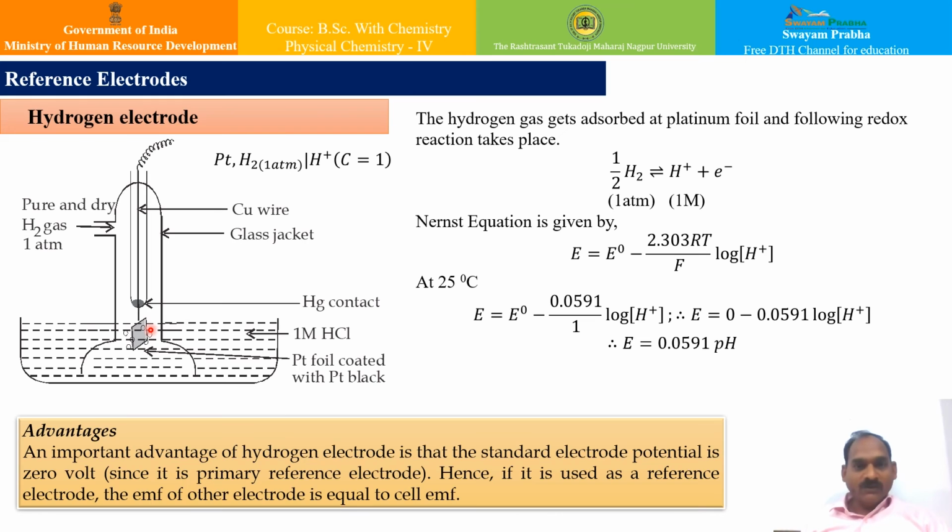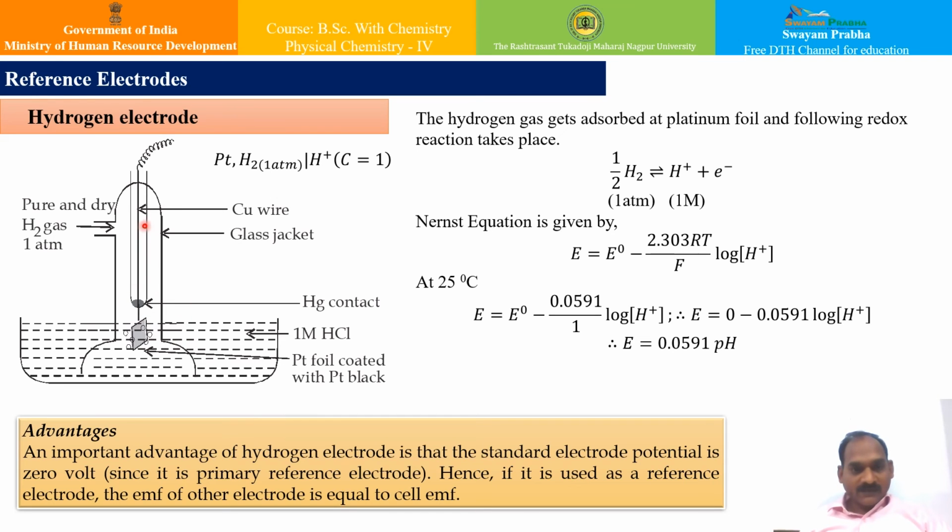And hydrogen gas is bubbled at 1 atmospheric pressure through the jacket. You can see, pure and dry hydrogen gas at 1 atmospheric pressure is bubbled through this particular jacket.